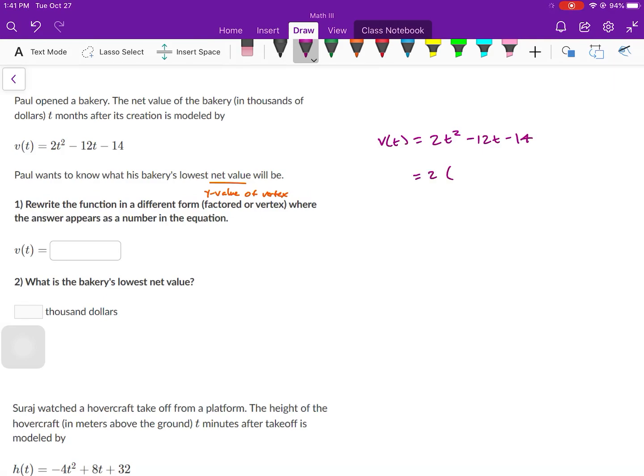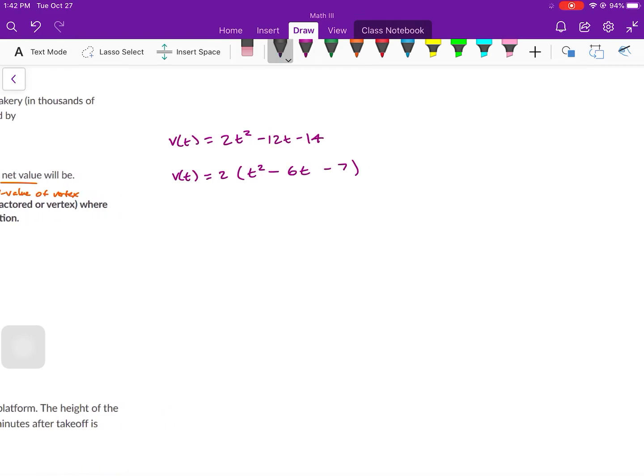And I'm going to factor out the 2. And then we're going to complete the square. So we're going to use that whole method. So we have -6. We want both factors to be the same, so divide that by 2, multiply them to get our special value of 9.